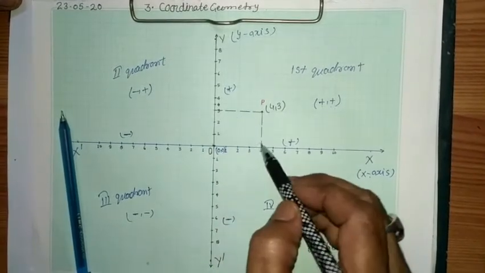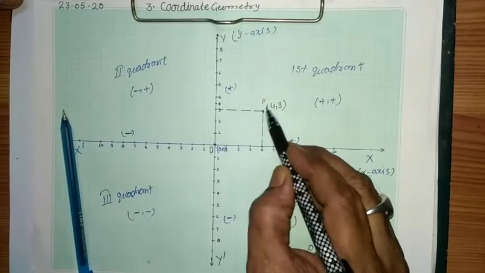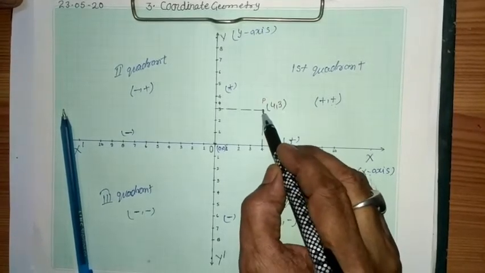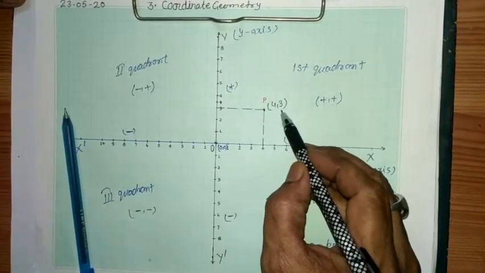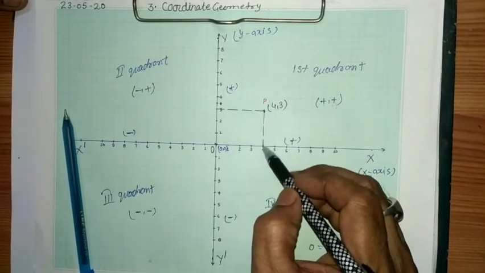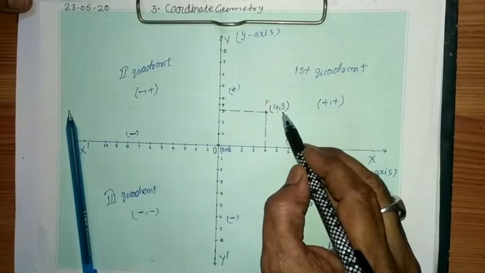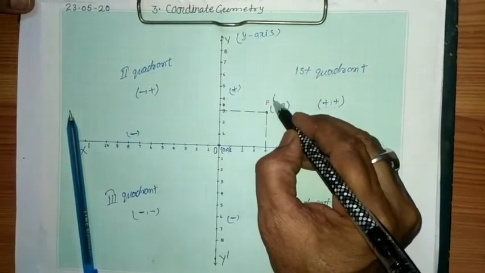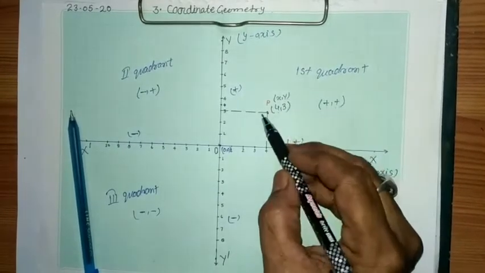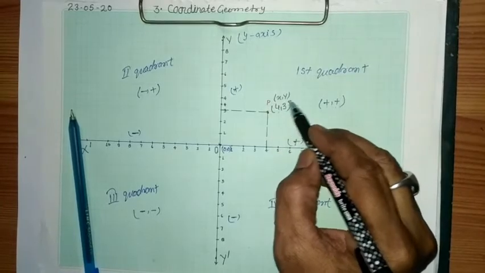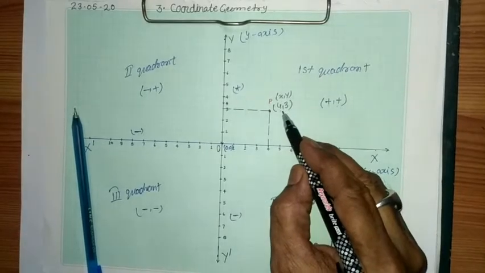Both lines intersect at a point, noted by P, whose coordinate is (4, 3). When we write coordinates, we first write the unit of the x-axis, then the unit of the y-axis. To understand simply, we write (x, y). The coordinate of P is (x, y), whose reading is (4, 3).